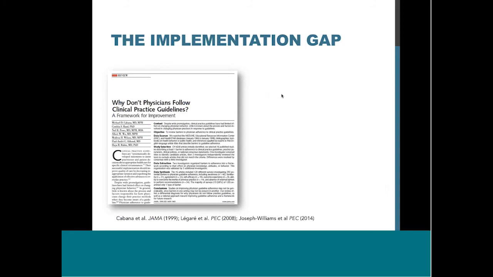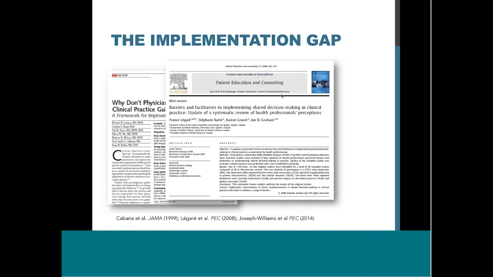We can start by looking back to one of the formative reviews on implementation of practice change for clinicians. So Cabana's review of clinical practice guidelines. We can understand what some potential barriers and facilitators to implementing a tool like a decision aid might be. France Legaré's team actually conducted a review that was based on the barriers and facilitators from Cabana's original review.